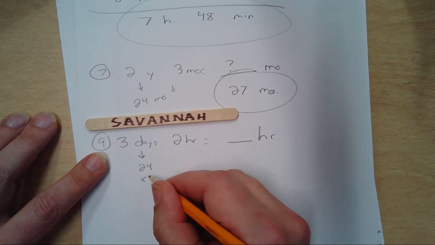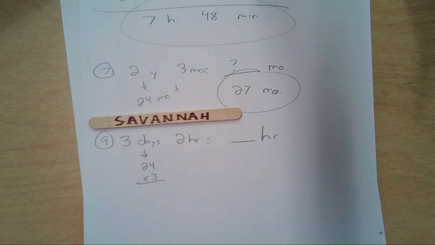So for 3 days, I just take my 24 and multiply it by 3, which is 72.